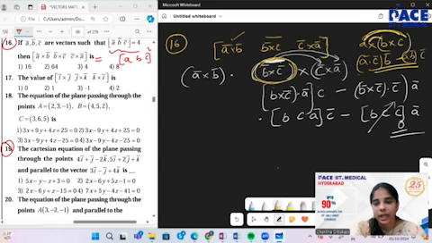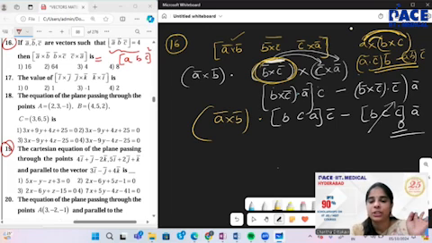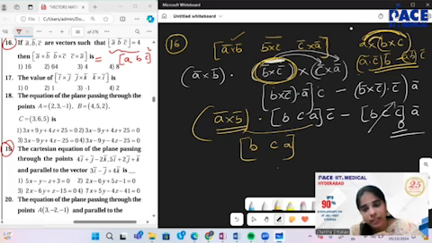This rule I have applied considering B cross C as a single entity. Clear? Now I am left with the dot product of A cross B with BCA into C. BCA is a scalar quantity. Now I am left with A cross B dot C, which is my ABC box.